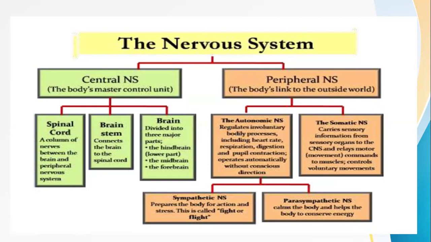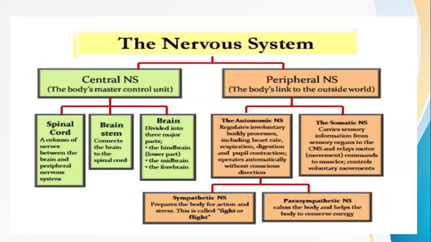It also operates automatically without conscious direction. When we're talking about the somatic nervous system, it carries sensory information from the sensory organs to the central nervous system, and relays the motor, that is the movement commands, to the muscles. It also controls the voluntary movements which a person may want to do.